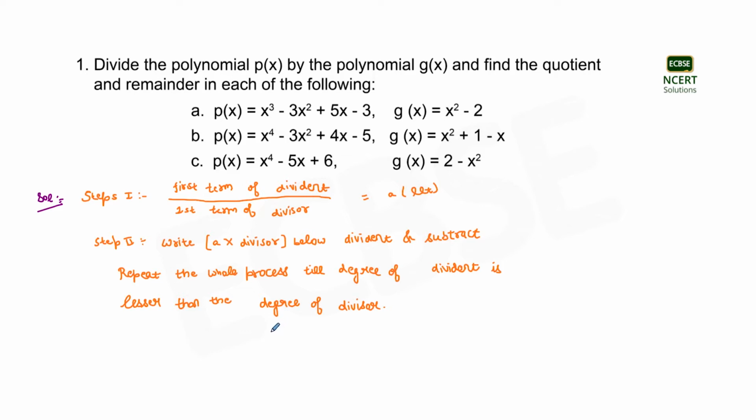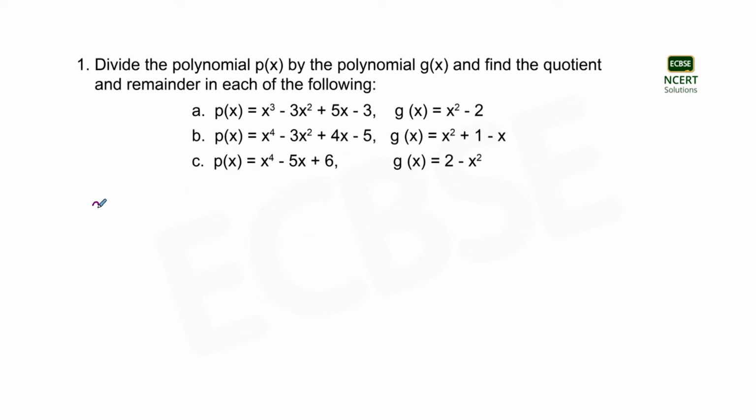The concept will be clearer while doing the questions. I recommend you write these steps on paper or in a copy, so that whenever we do the question, you can relate the steps with what we are proceeding with. Now let us come to the A part.